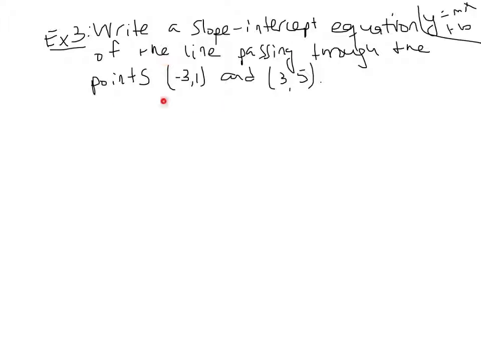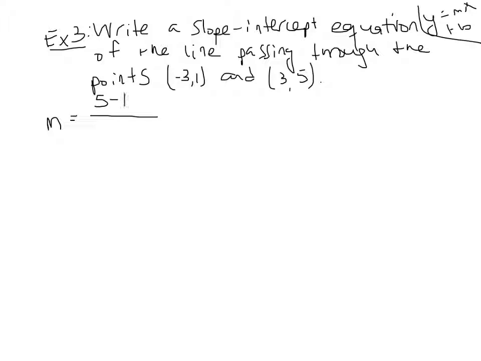So look at what we're given. We're given 2 points. So we can't start with the point-slope equation. We can't start with the slope-intercept equation. What's the only thing we can do if we have 2 points? Well, I hope you're all out there answering find the slope, because if you did, you're right. So all we can do right now is find the slope of the line passing through these points.